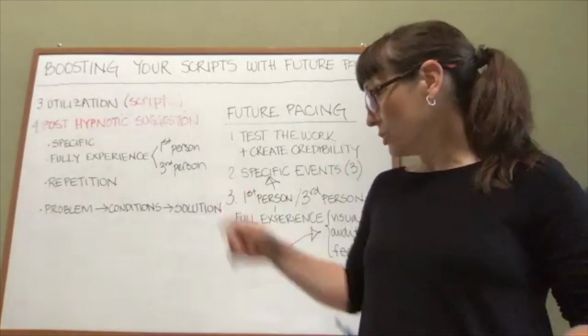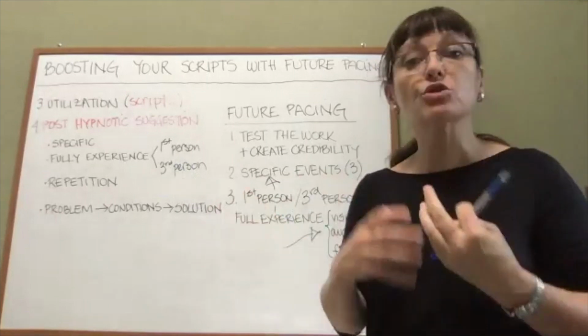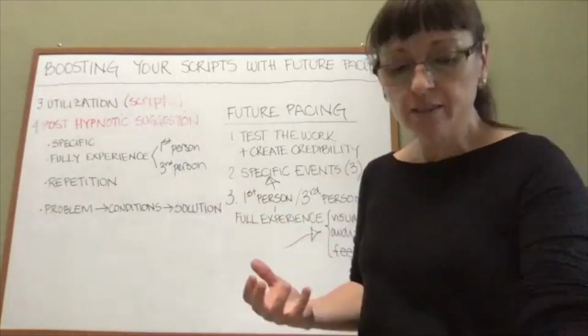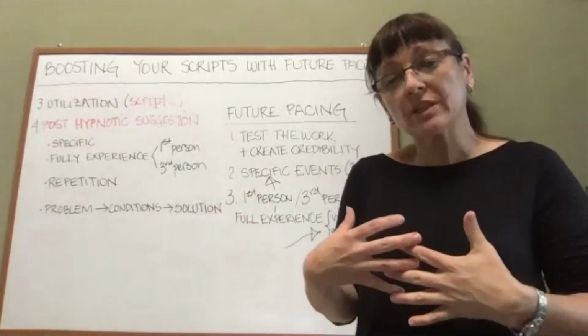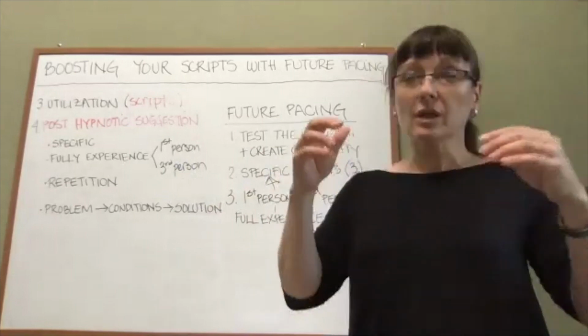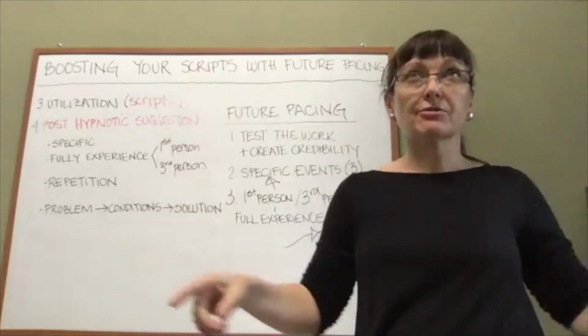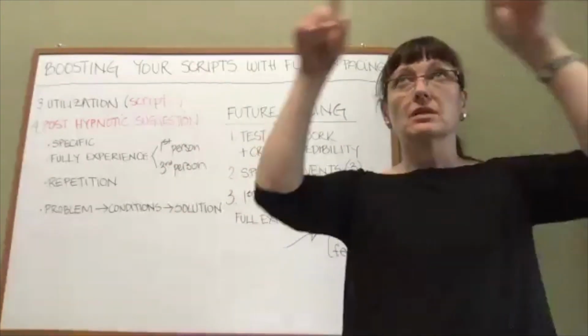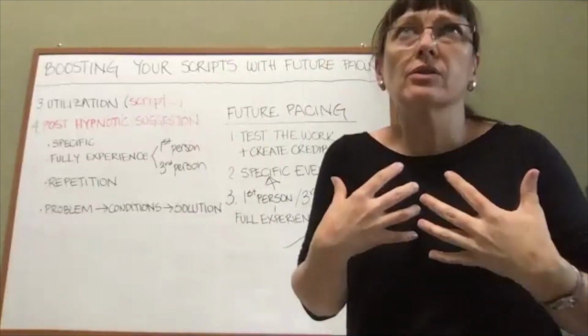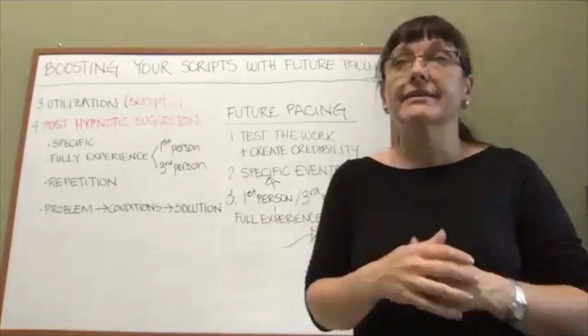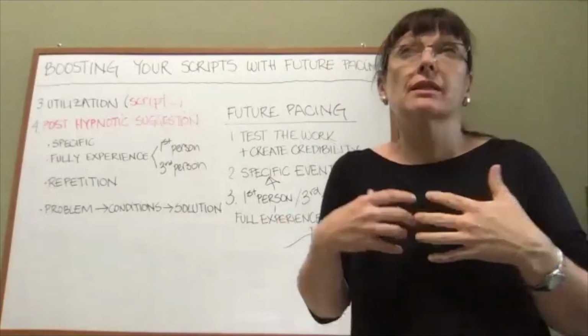This is also used in NLP with the swish pattern. In the swish pattern, you actually have the client just begin to experience the problem. It's almost like a first frame in which they're almost going into their problem. Or case A, she's going into the problem of feeling like a little girl.